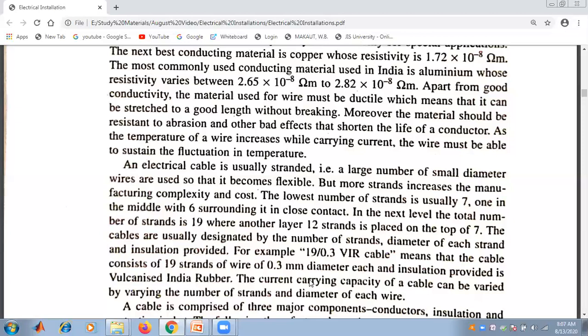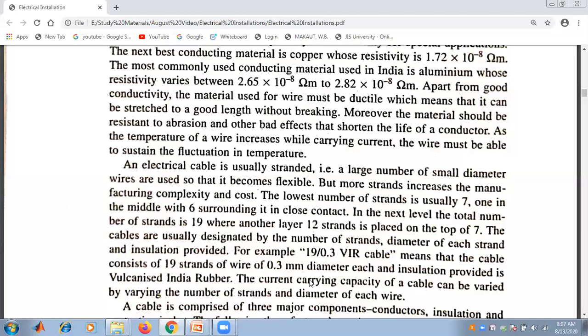The cables are usually designated by the number of strands, the diameter of each strand, and the insulation that is provided.